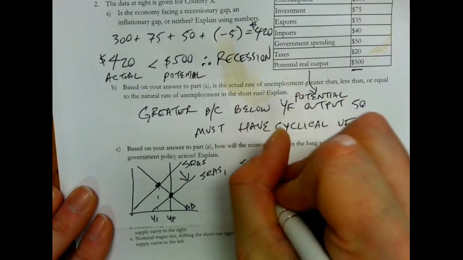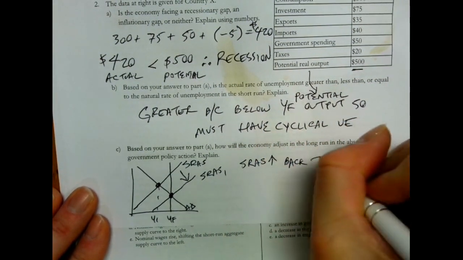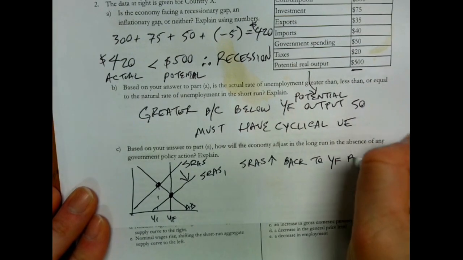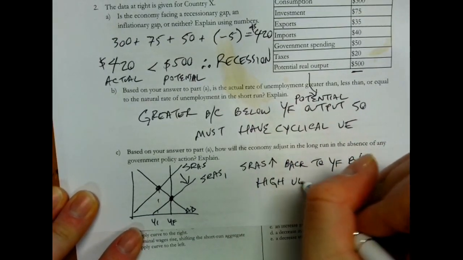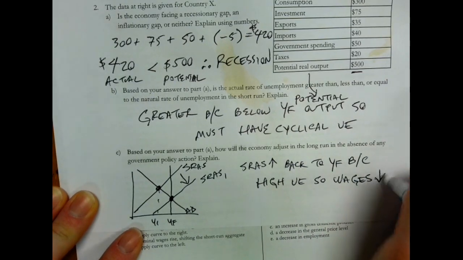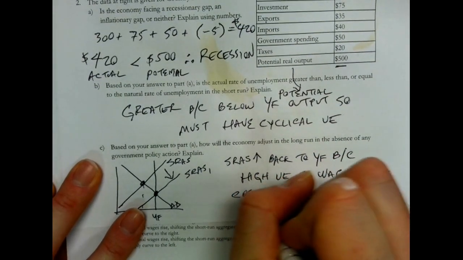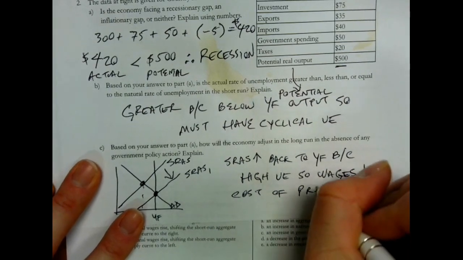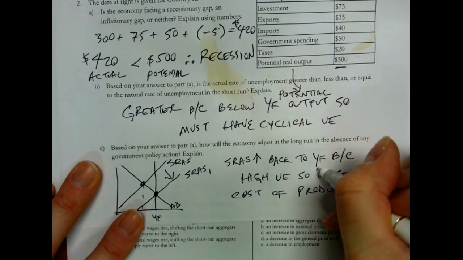And the reason why we would say SRAS will increase back to YF, because high unemployment, so wages, and this is going to be very similar to the last one, will decrease. Therefore, cost of production decreases, right? And again, these are nominal wages, right?